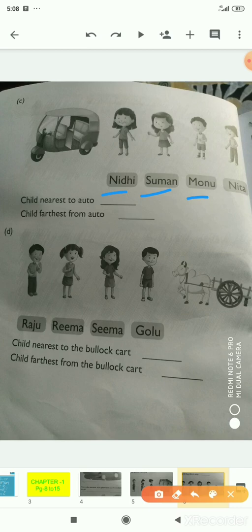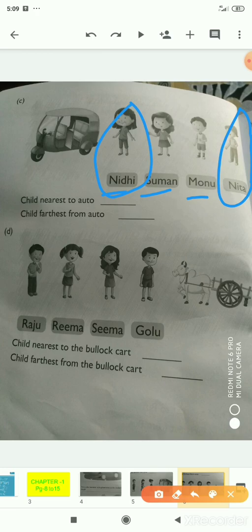Understand, children? So the first one is Nidhi. Nidhi is standing at first place, so she is nearest to the auto, and Nita is standing at last, so she is farthest from the auto. Understood, children?